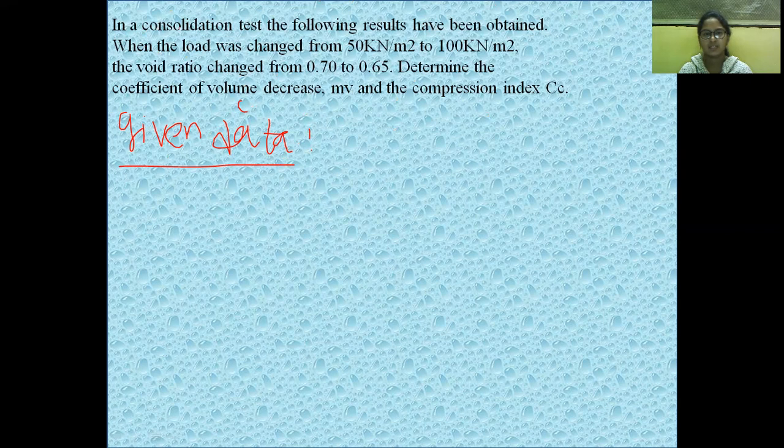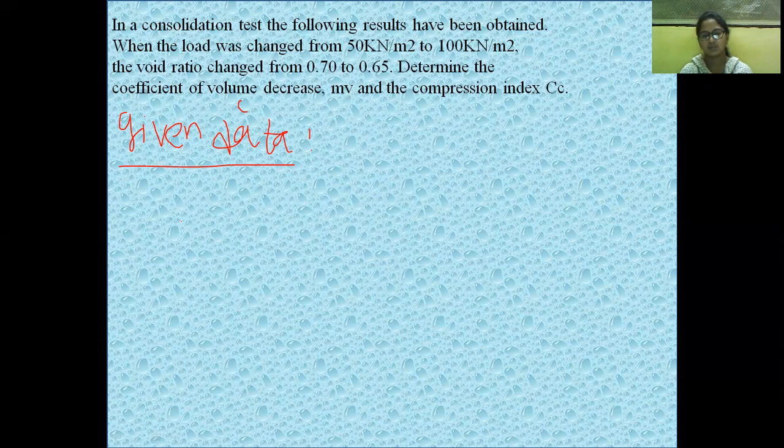In a consolidation test, the following results have been obtained when the load was changed from 50 to 100. So the first load will be 50, and then further it changes to 100.